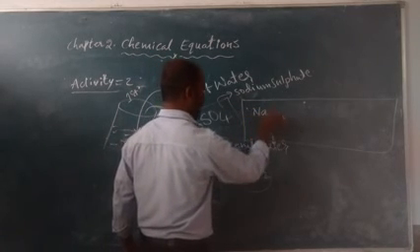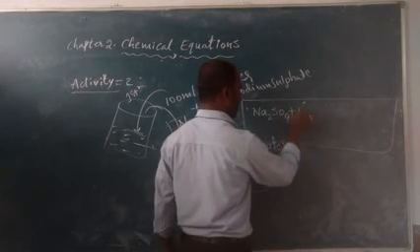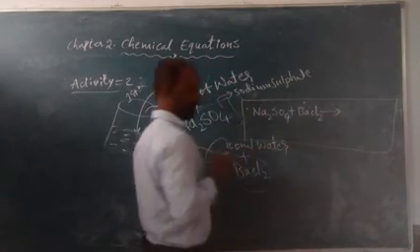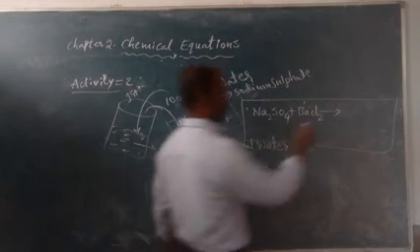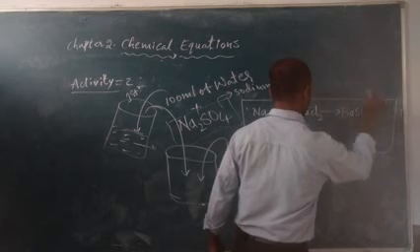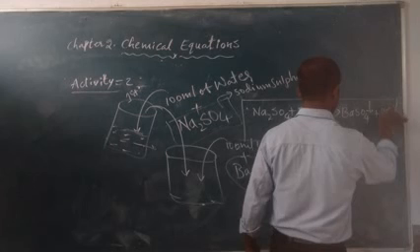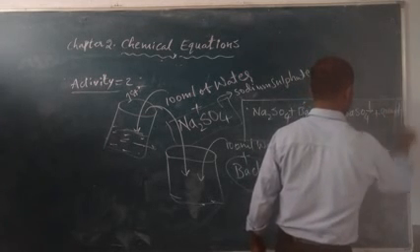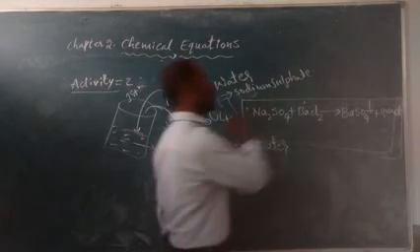That is, Na2SO4 sodium sulfate when it is mixed with the BaCl2 barium chloride, then automatically it is going to form BaSO4 barium sulfate. It is a white precipitate, barium sulfate, and 2NaCl, sodium chloride.